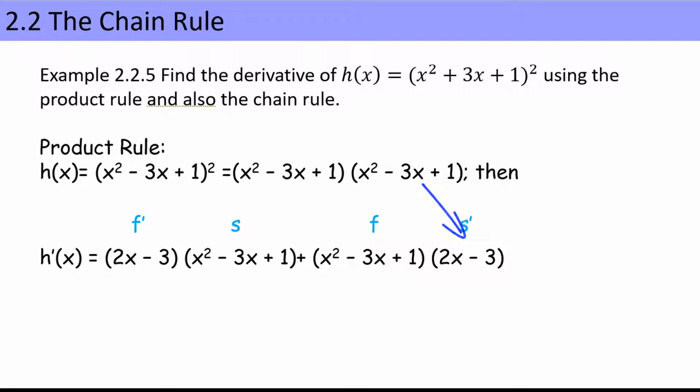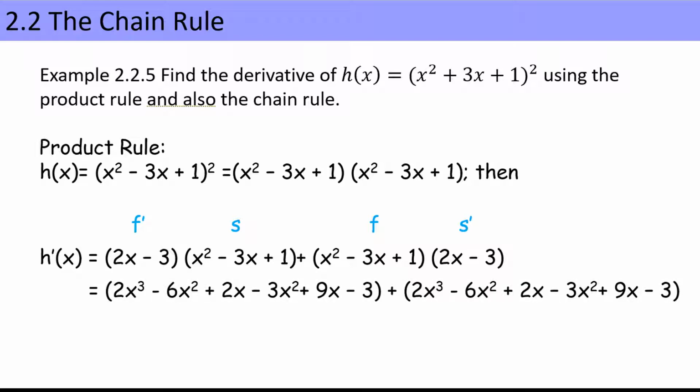Now let's multiply the 2x minus 3 to the x squared minus 3x plus 1. That'll give you 2x cubed minus 6x squared plus 2x, then minus 3x squared plus 9x minus 3.